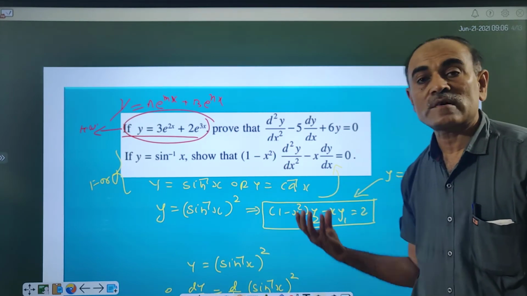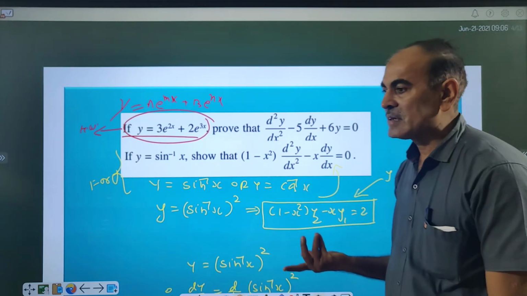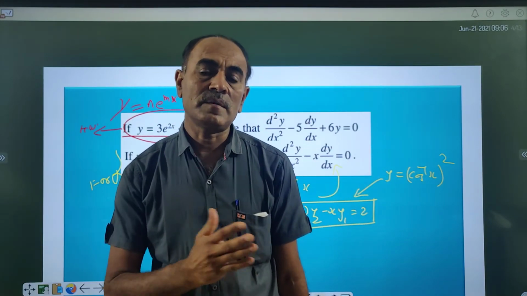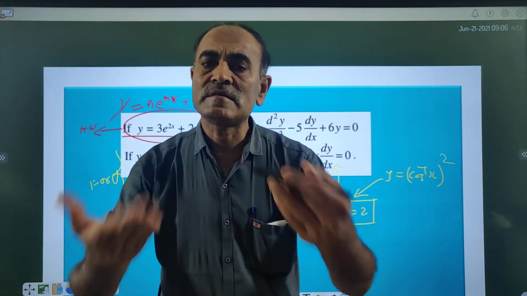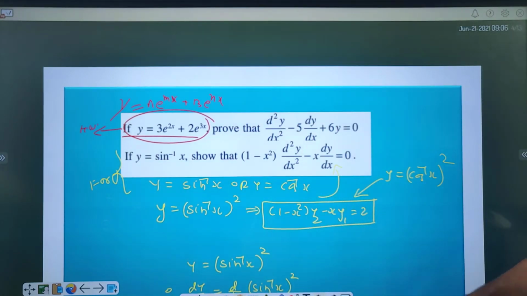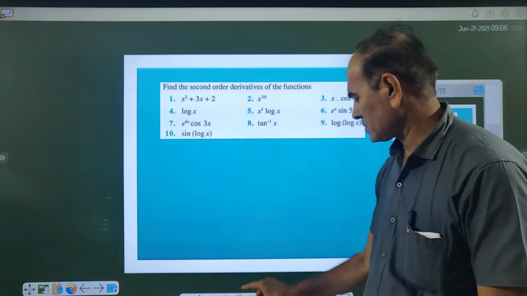Sin inverse x whole square, cos inverse x whole square: if a single term is there, then square on both sides. If a single term is not there, then we have to differentiate directly for the second derivative. Let us see the next slide. Yes, very simple thing.